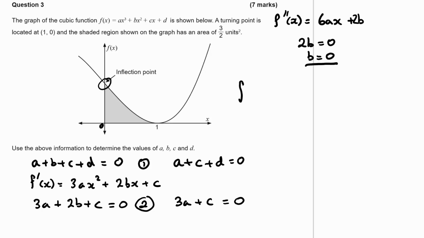So the integral from 0 to 1 of ax cubed, we know b is 0 now, plus cx plus d dx, we know that that's equal to 3/2.